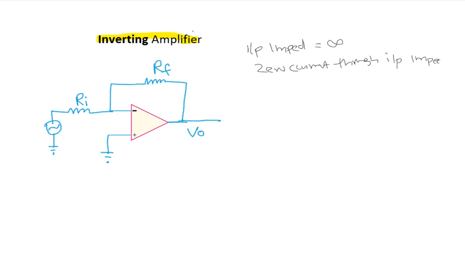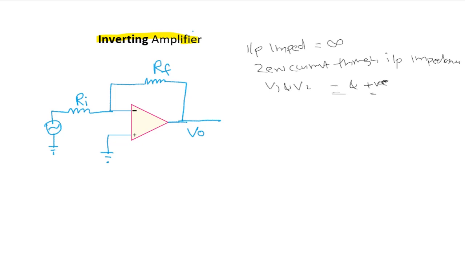And if there is zero current through input impedance, that means there is no voltage drop between V1 and V2, or the inverting terminal and non-inverting terminal.